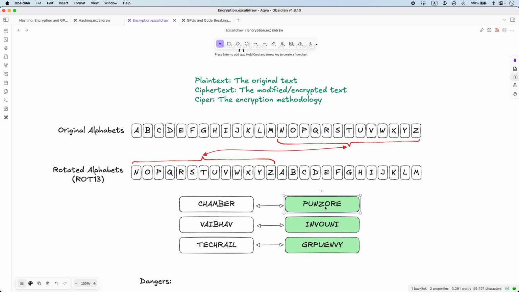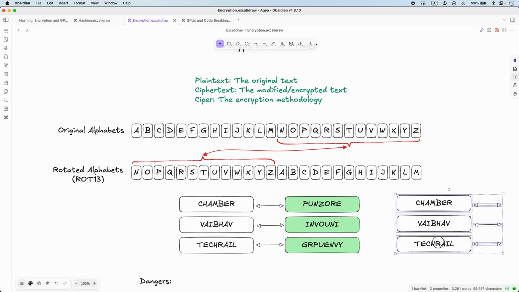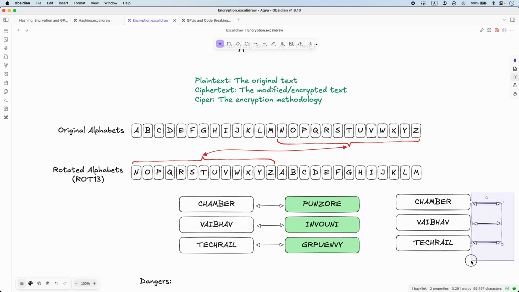If you apply the same logic again to this, it will become this. So in a way, you could basically have this. This is what will happen.